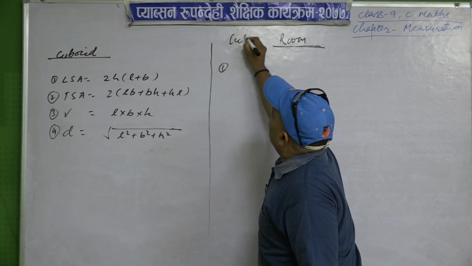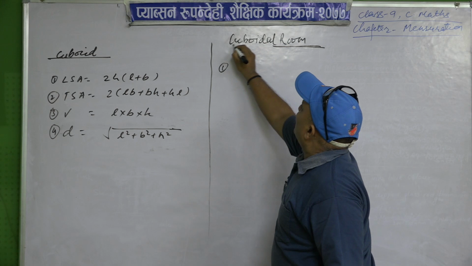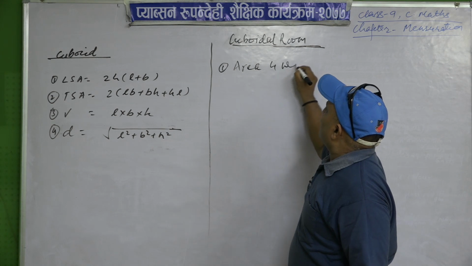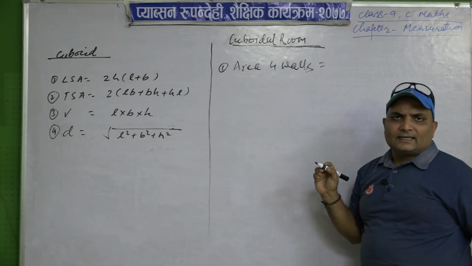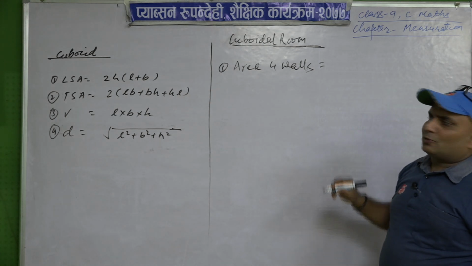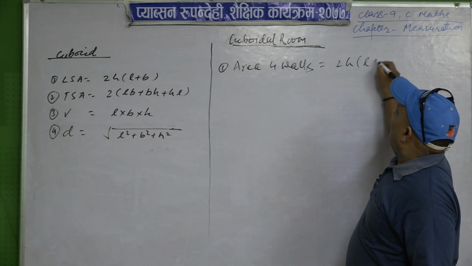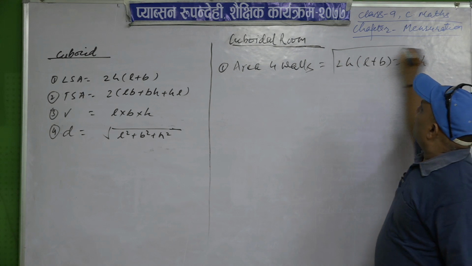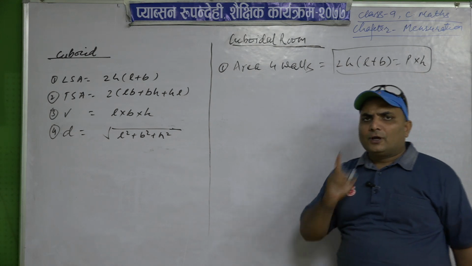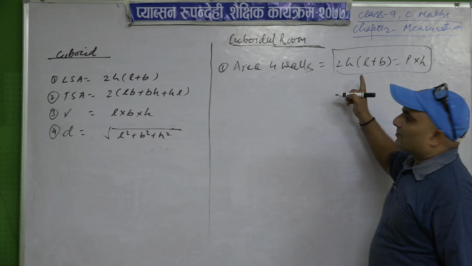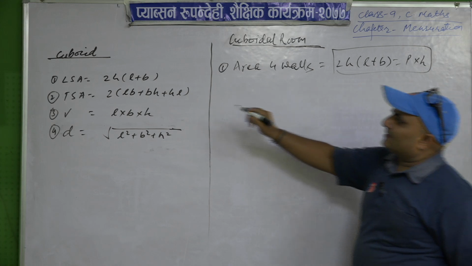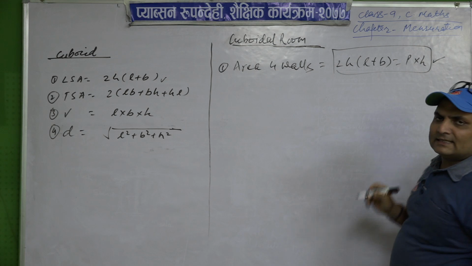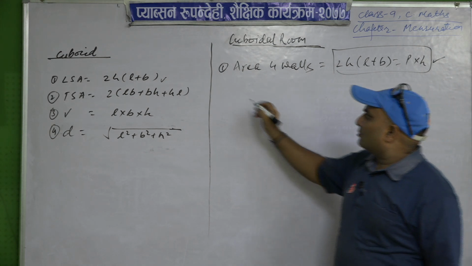The area of four walls is like the lateral surface area of cuboid, 2H(L plus B), or we can say P into H. If you use the formula of lateral surface area of cuboid, you will also get the area of four walls of any room, or you can say that the formula of lateral surface area of cuboid and area of four walls is the same.